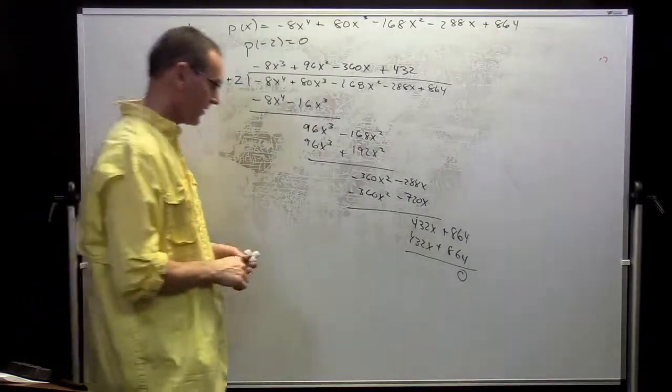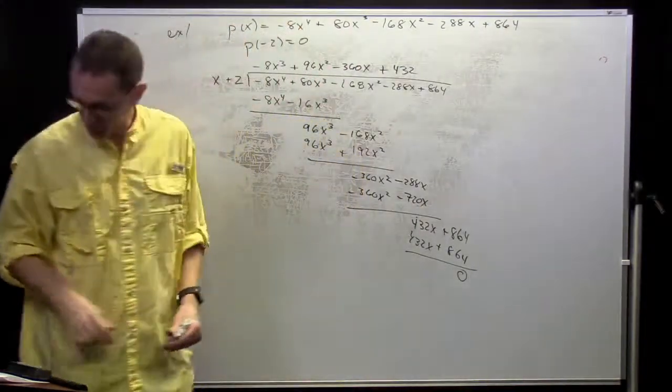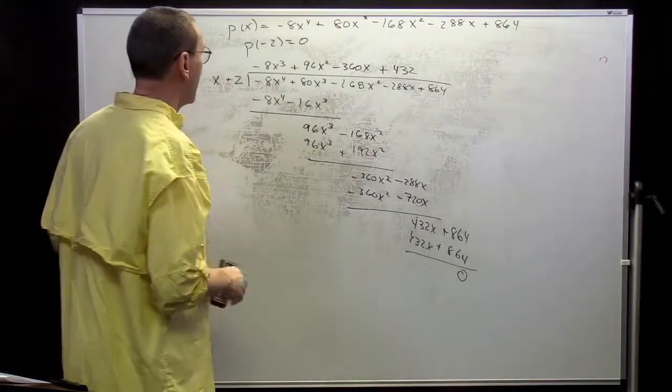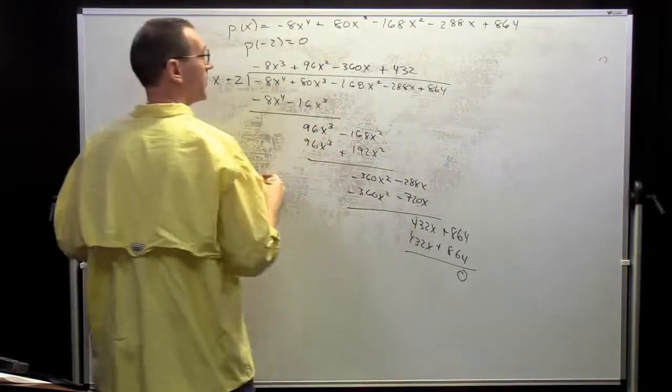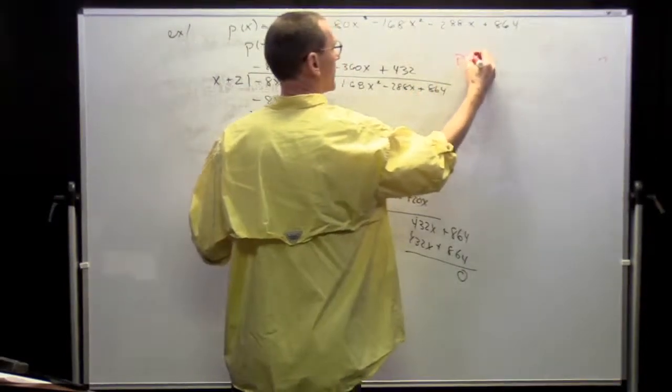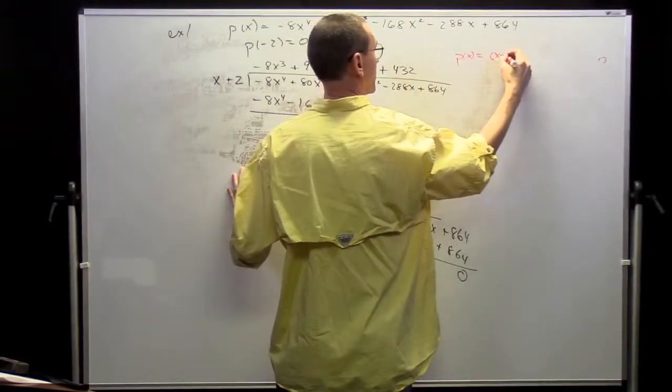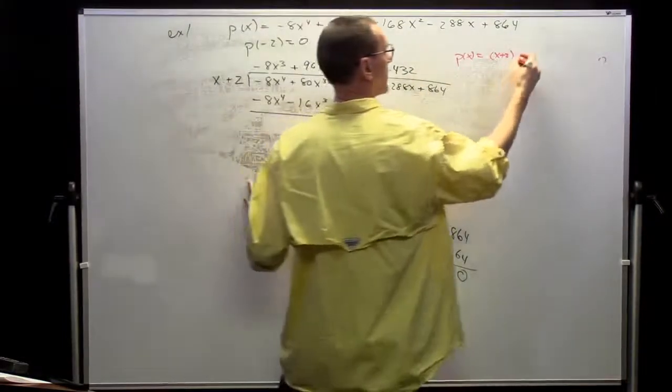All right? So now, what can I do? This now means that my original polynomial I can write as x plus 2 times this thing.